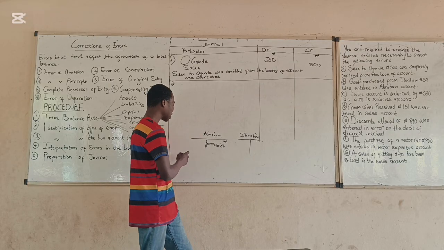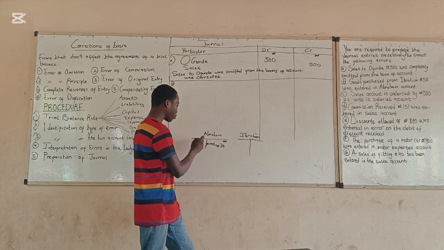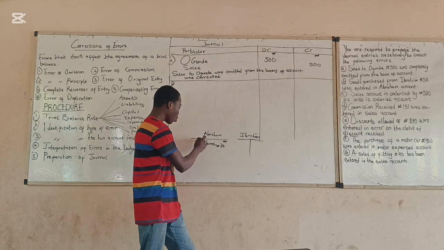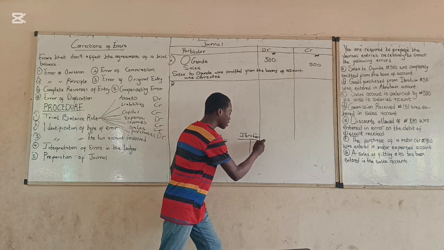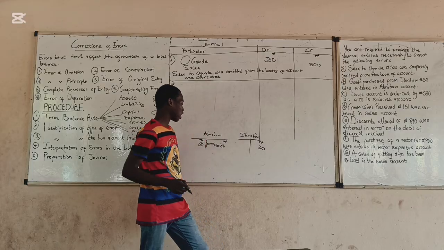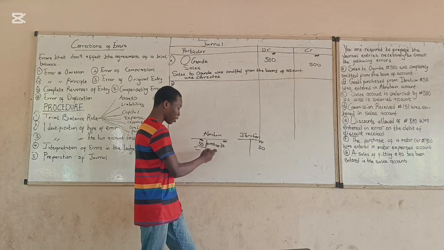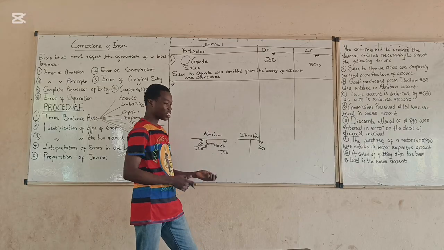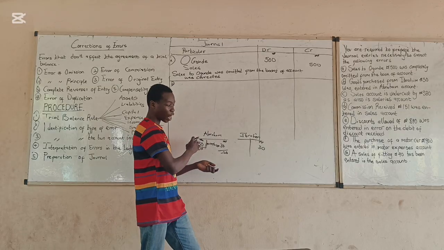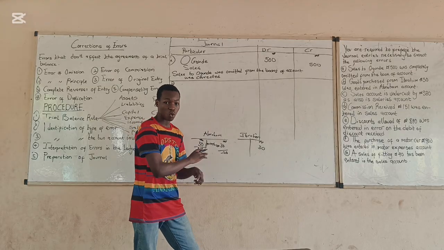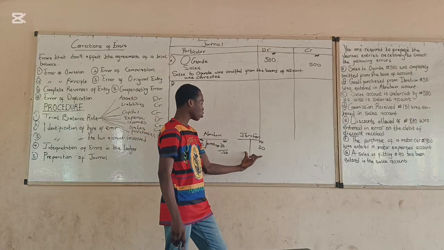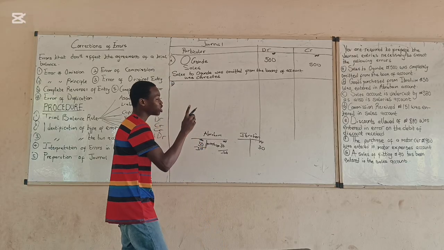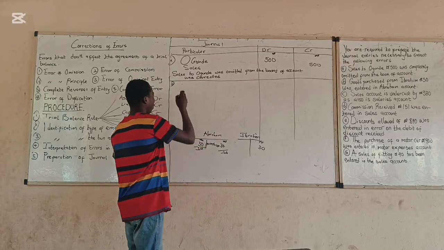What we are going to do is debit Abraham account, and credit Ibrahim account. When you debit Abraham account, the transaction closes, that is, the amount is cancelled out. Now we open a new account for Ibrahim. So the correction of the error is that we debit Abraham account.